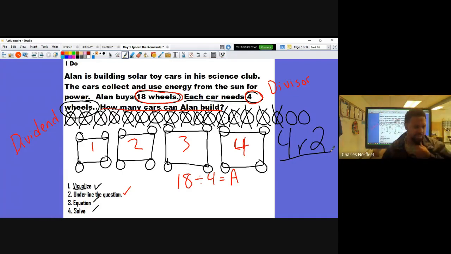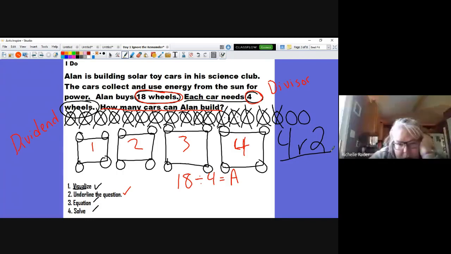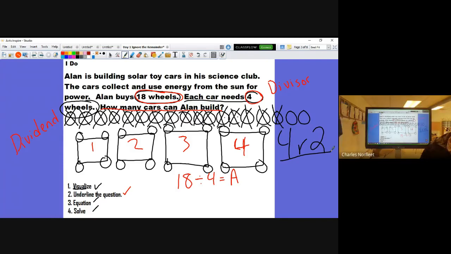I can't see anybody, Ms. Raider. I know Riley's shaking her head. She might see it. So Riley, what is the relationship that you see between our visualizing step and our equation step?